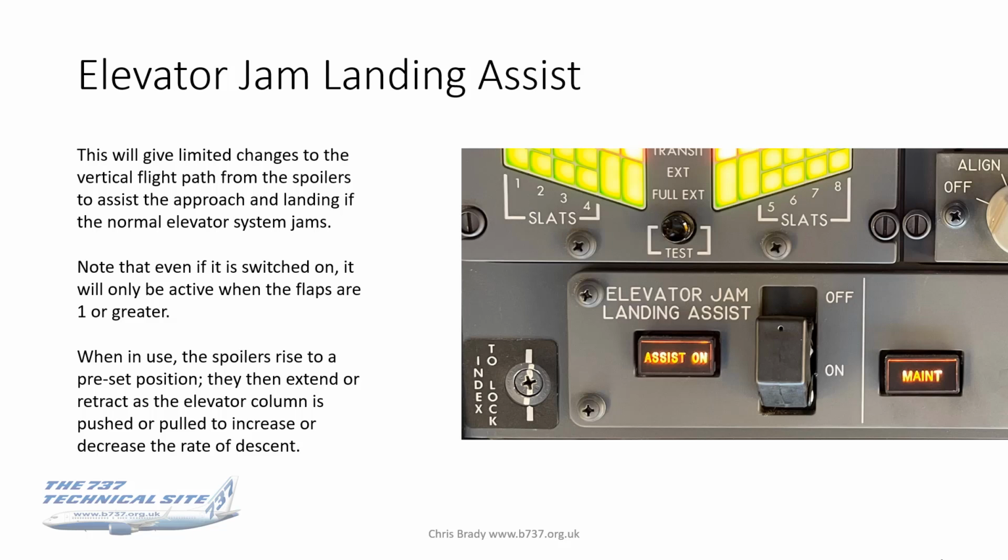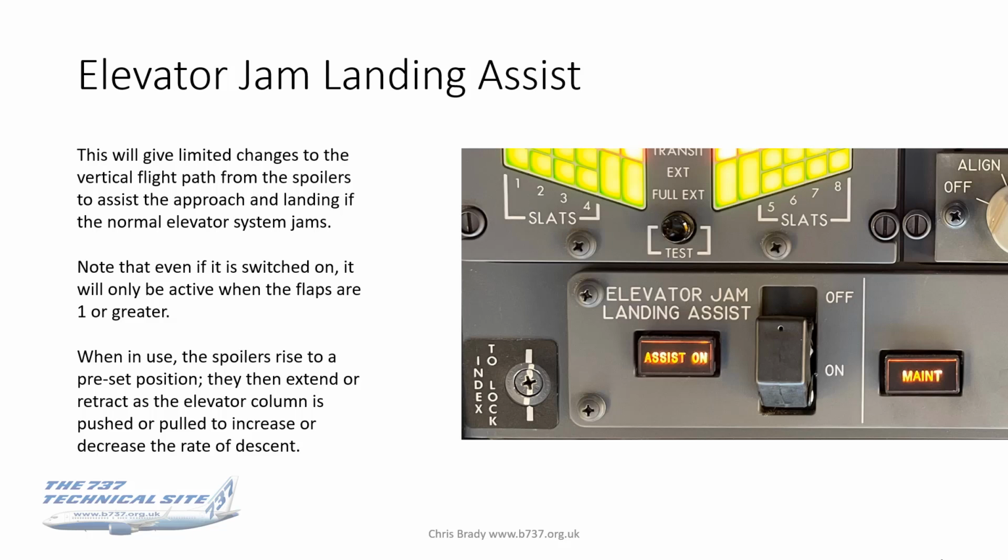A new datum will be made, and what they then do is extend a bit more or retract a bit as you move the control column forward and backwards for elevators. If you think about it, it couldn't do this if the spoilers were already down and flush.